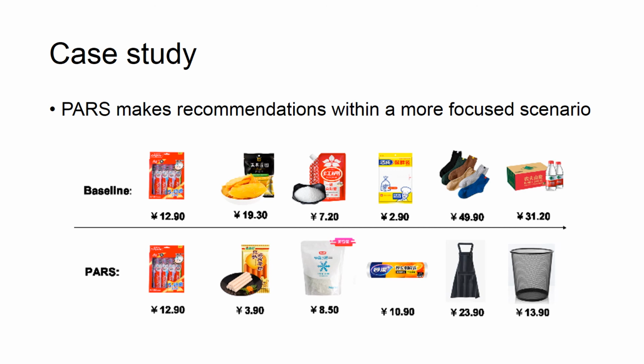Last, we provide a case study under this online scenario. As this figure shows, the first line is the recommendation results of the baseline algorithm, and the second line is the recommendation results of our approach. It's not hard to see that our approach makes recommendations within a more focused scenario.